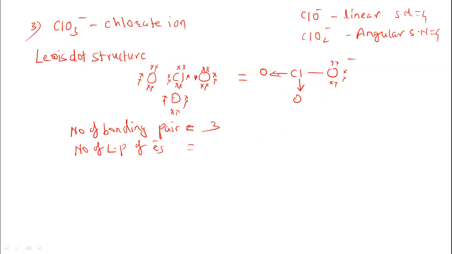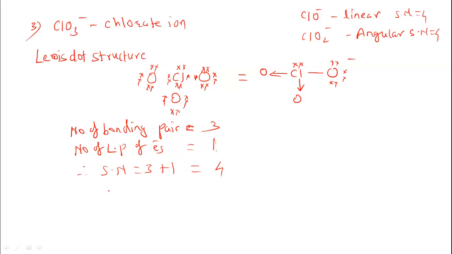Now only 1 is remaining. This is involved in the bonding, this is involved in the bonding, and this electron is also involved in the bonding. So lone pair is 1. Therefore steric number is equal to 3 plus 1. Here number of bonding pairs is 3 and number of lone pairs is 1. Steric number is 4.